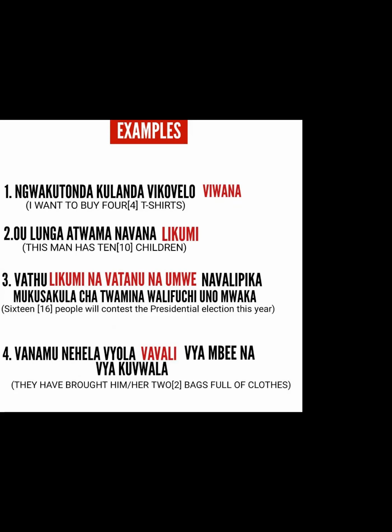Of course, that's wrong. We can't say you own 10 children, no. But correctly saying it is, this man has 10 children. So this kutwama is to own. It can also mean to own something.